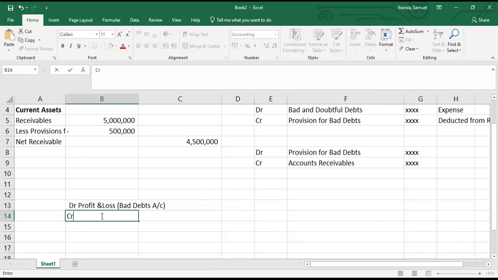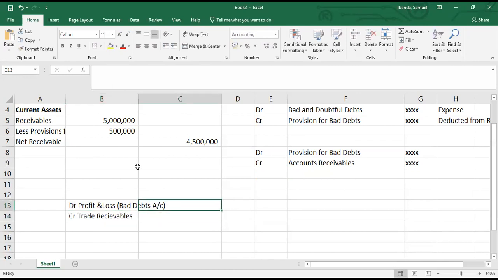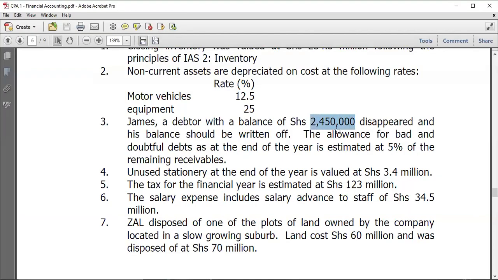And then we shall go ahead to credit our trade receivables, since it's a write-off. If it just was a provision, then we shall bring in provision. And the value we have is 20450.